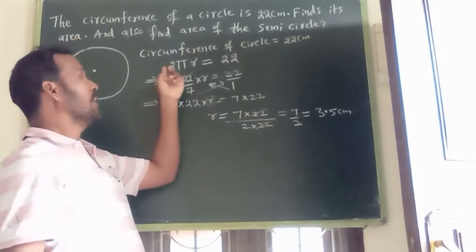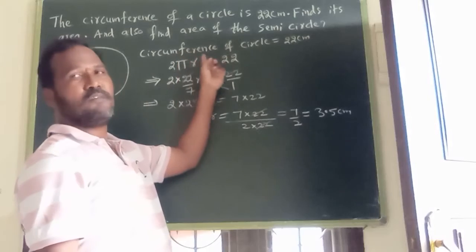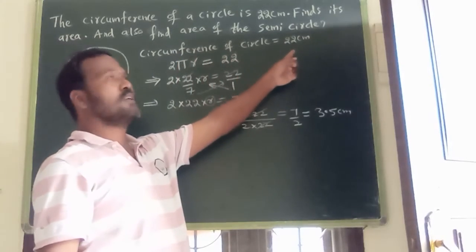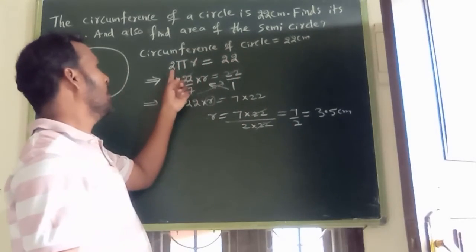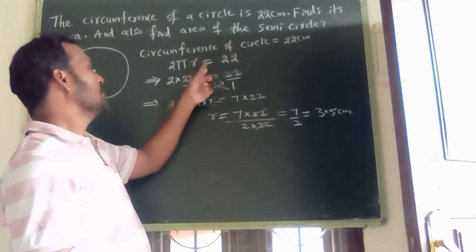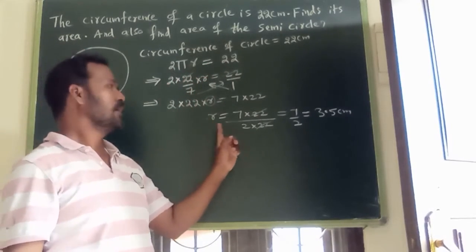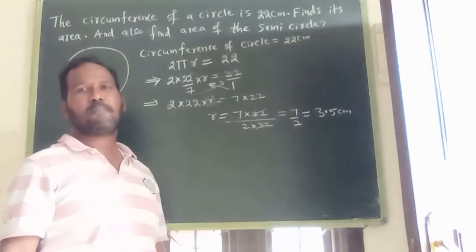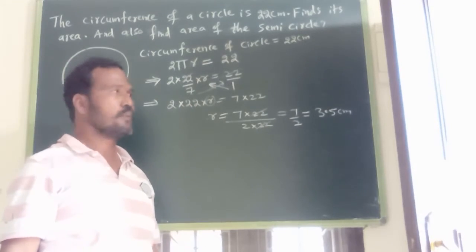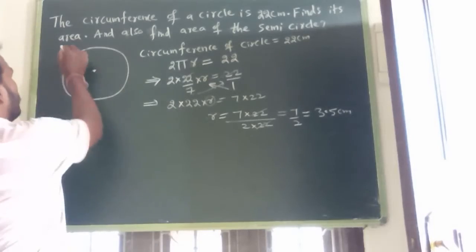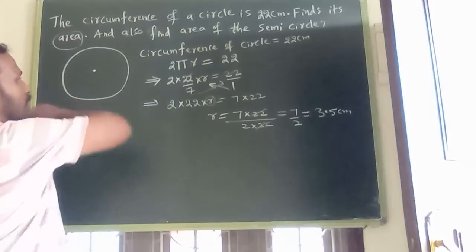With the help of the given data, the circumference of the circle is 22. I used the formula 2 pi r is equal to 22. From this, I found the value of the radius is 3.5. Now, our question is to find the area of the circle.